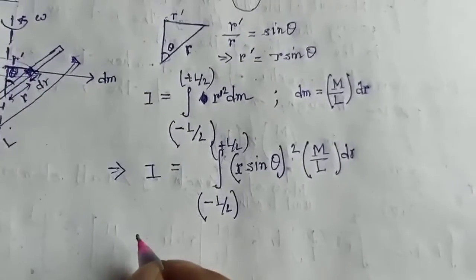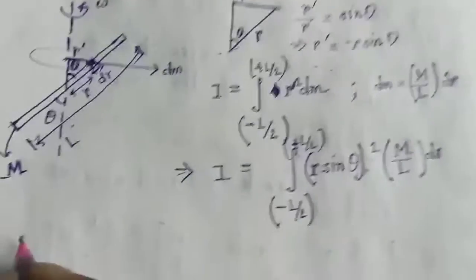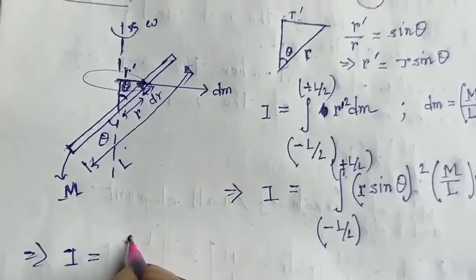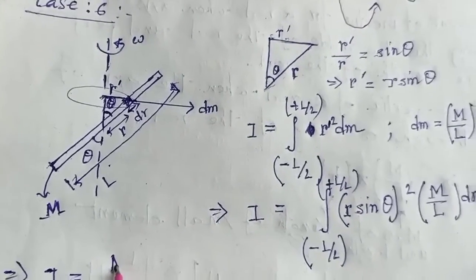If we simplify this, all the constant terms come outside.